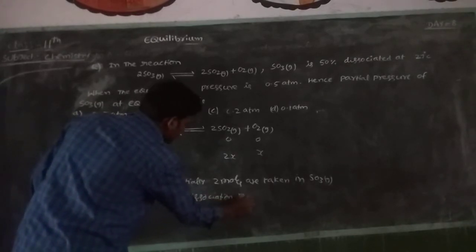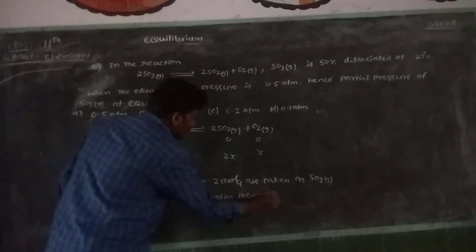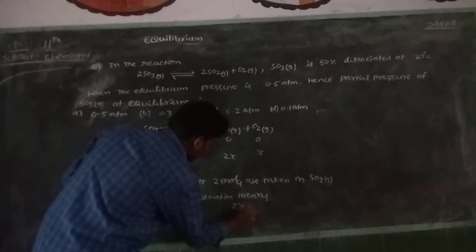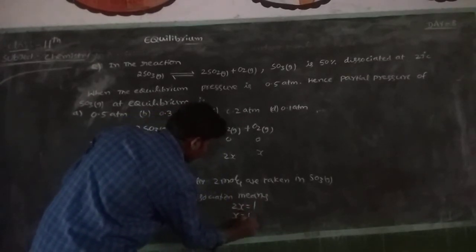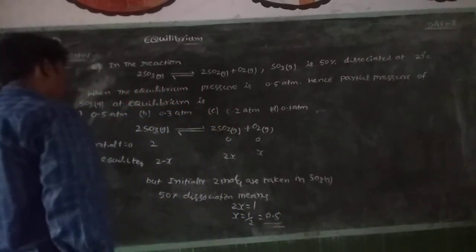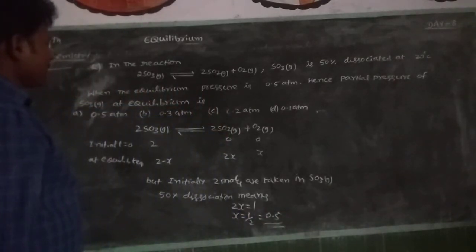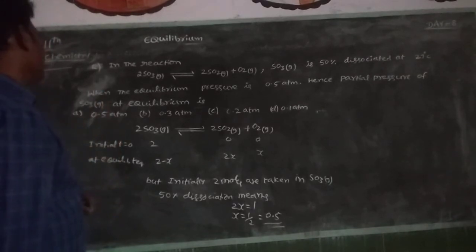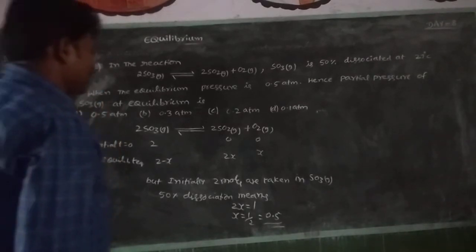That means 2x is equal to 1, x is equal to 1 by 2, that is equal to 0.5. Okay, hence you only have to find the partial pressure of SO3 gas.